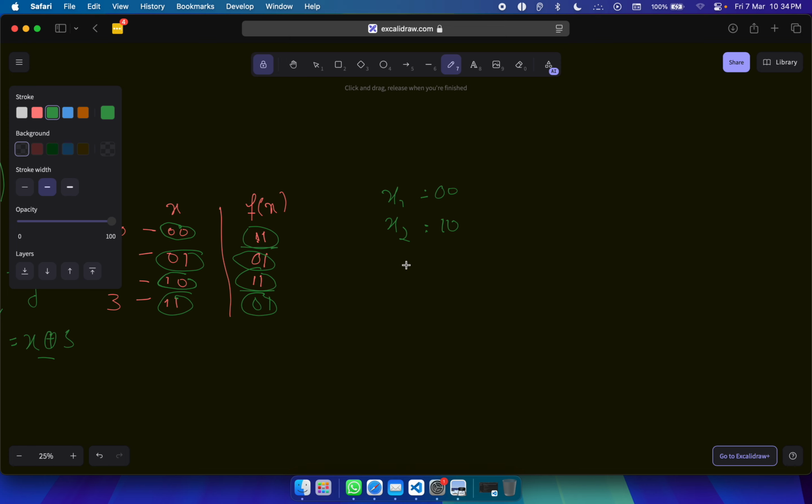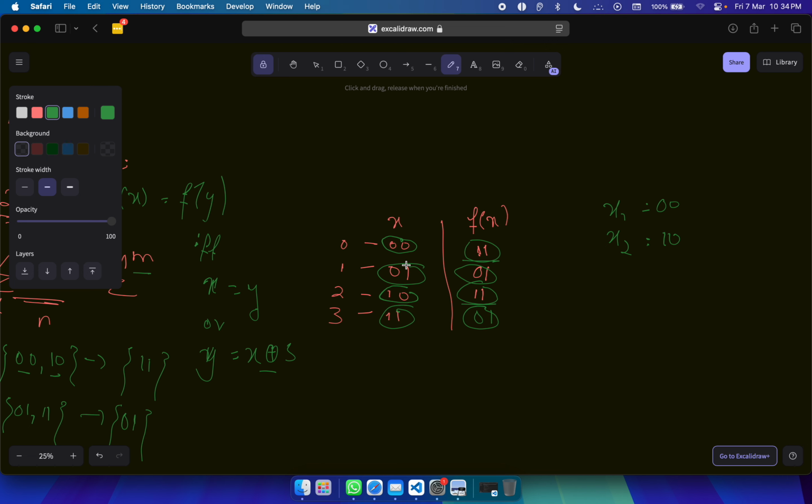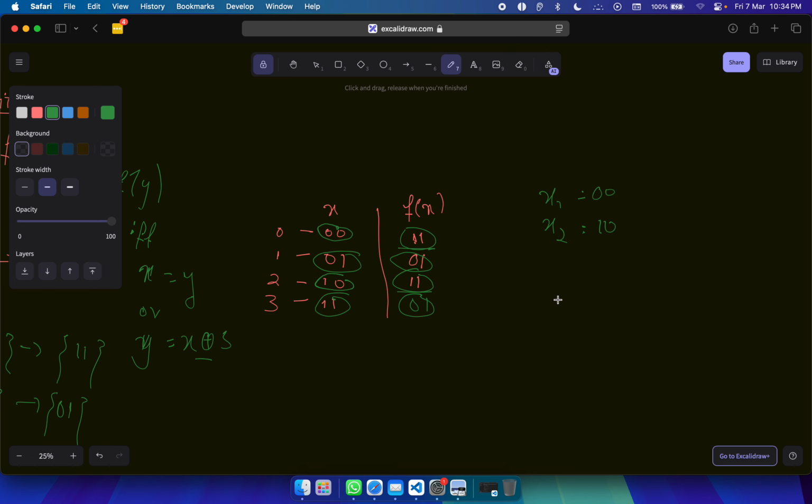Now for the function to fulfill the promise, or the requirements at least, so this is our x and this is going to be y. And we would say that, of course, this is the trivial case where both of the inputs are the same. It would give you the same output, which is 1 1 in this case. But let's try XORing with s. So let's say your s is unknown. Now how would you find the s?